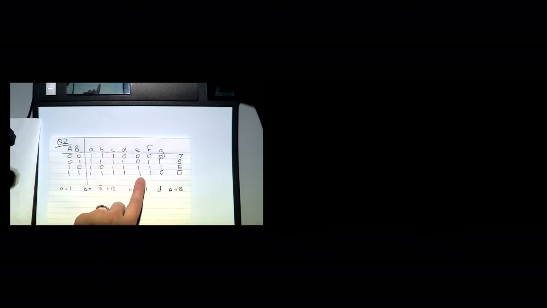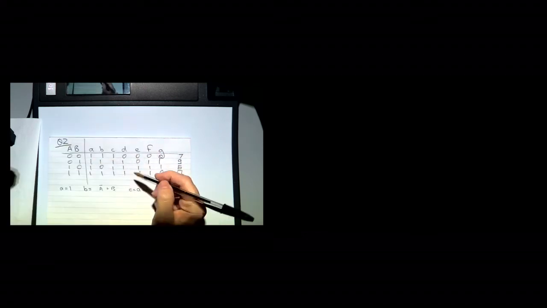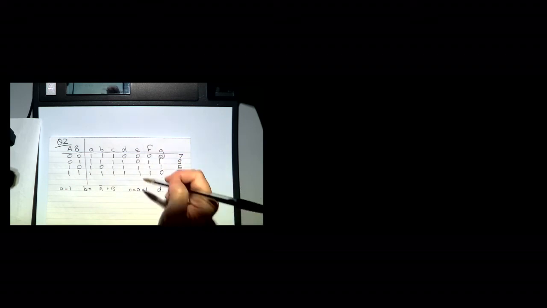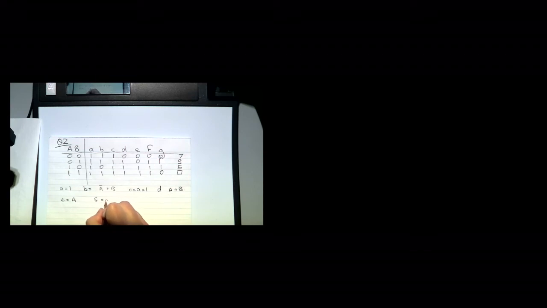Let's see what else we've got. That was D. E. Now I could do a Karnaugh map with E and do a grouping, but I can tell just by looking at it that my output E will be 1 when A equals 1. So E is equal to A. Then F is actually the same as D. And now G, now G is an interesting one. It's the same as before.